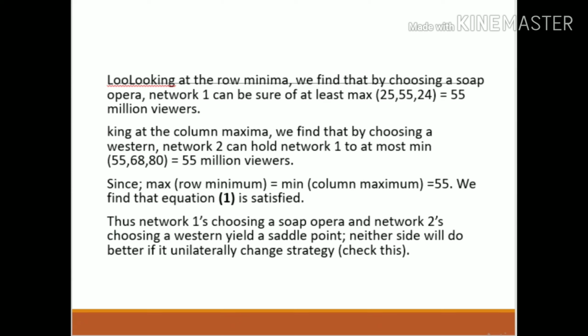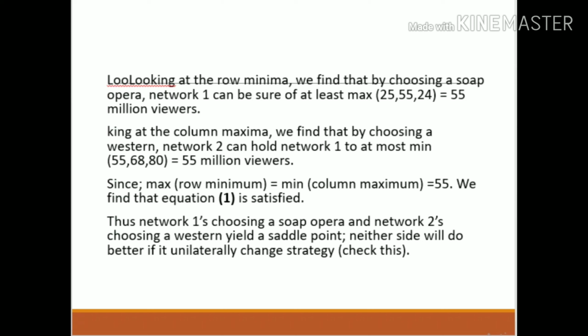By looking at the row minima, we find that by choosing a soap opera, network 1 can be sure of at least a maximum of 55 million viewers. Looking at the column maxima, we find that by choosing a western, network 2 can hold network 1 to at most a minimum of 55 million viewers.